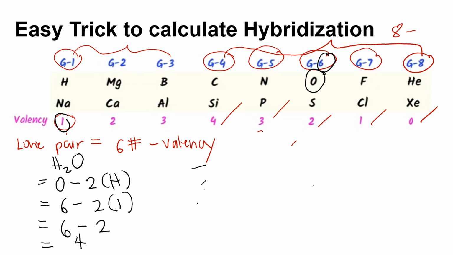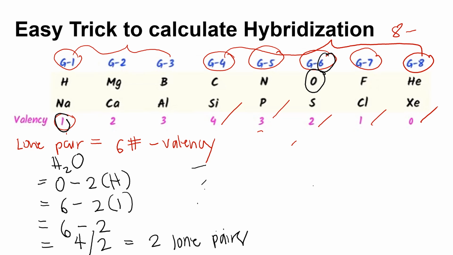This 4 means that you need to divide it by 2 to get the number of lone pairs. So 4 divided by 2 means that you have 2 lone pairs in water.